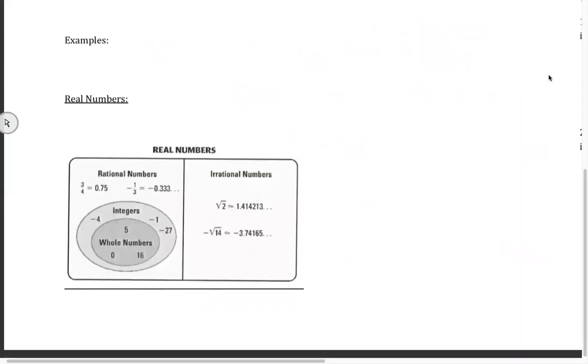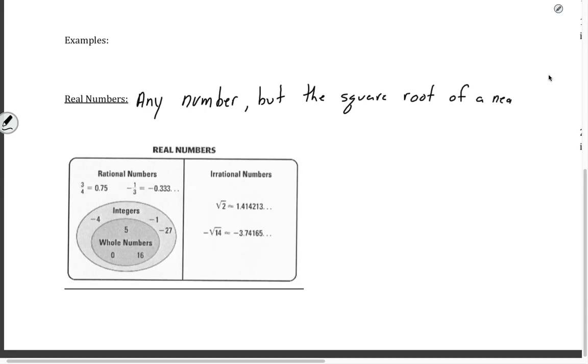Now, real numbers at this point are any number you can think of. So it's any number but the square root of a negative.